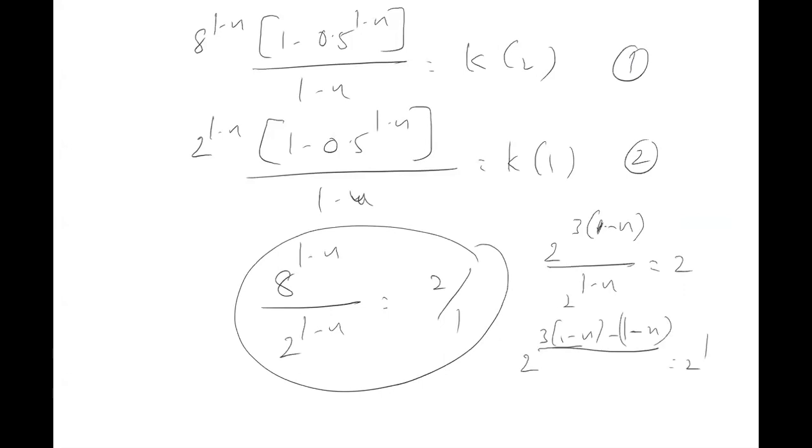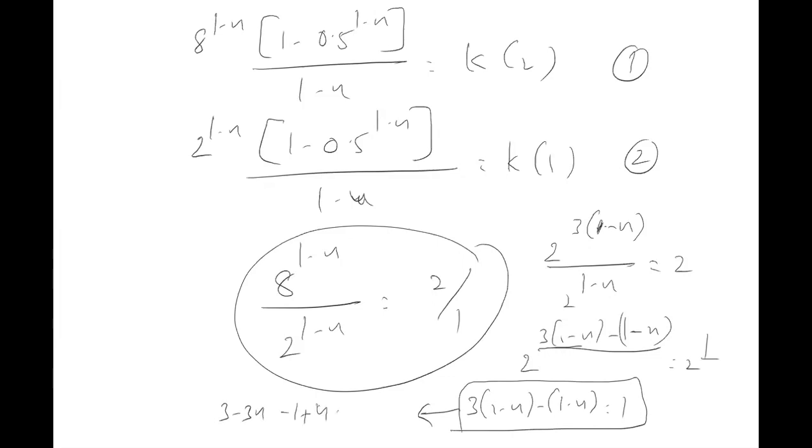So we equate the exponents: 3 into (1 minus n) minus (1 minus n) equals 1. Solving, 3 minus 3n minus 1 plus n equals 1, so 2 minus 2n equals 1. This gives n equal to 1 by 2, which is half.